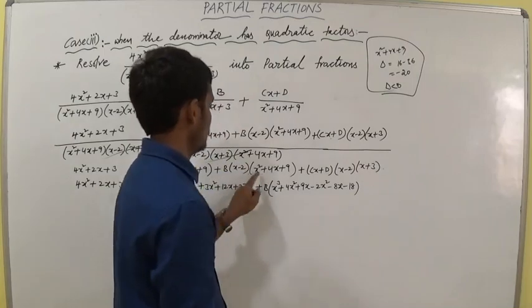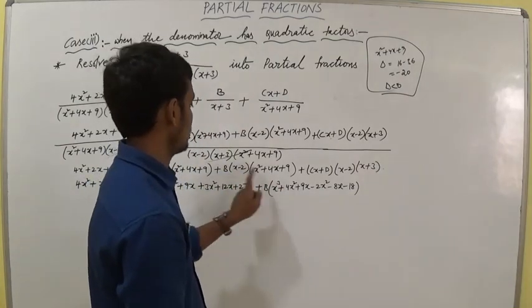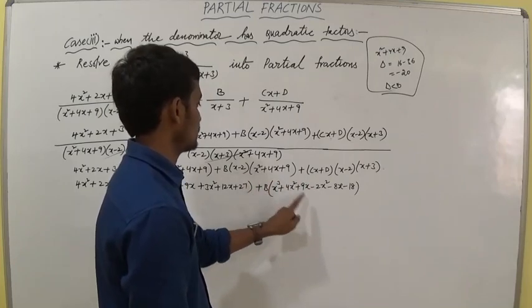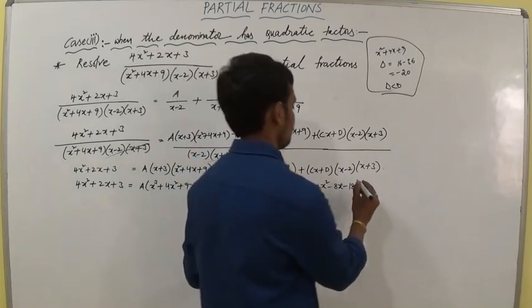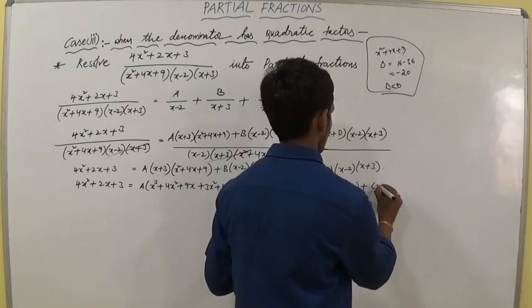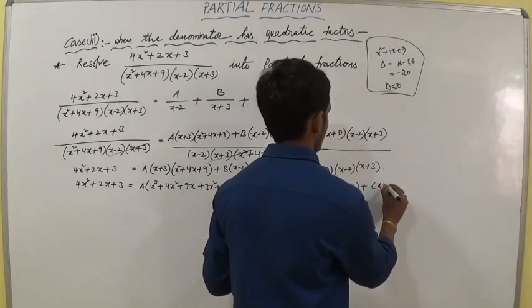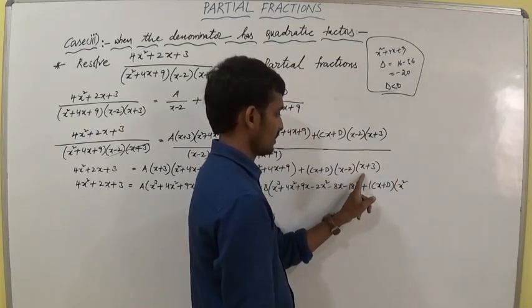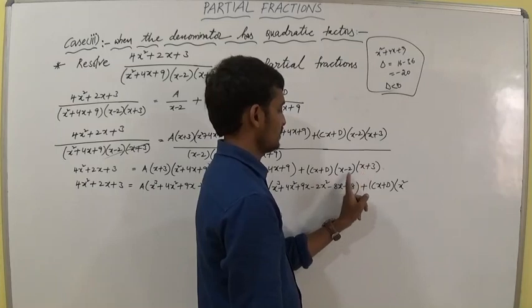Once it is x cube, 4x square, 9x minus 2x square minus 8x minus 18, here plus Cx plus D into x square, x square minus 2x plus 3x.